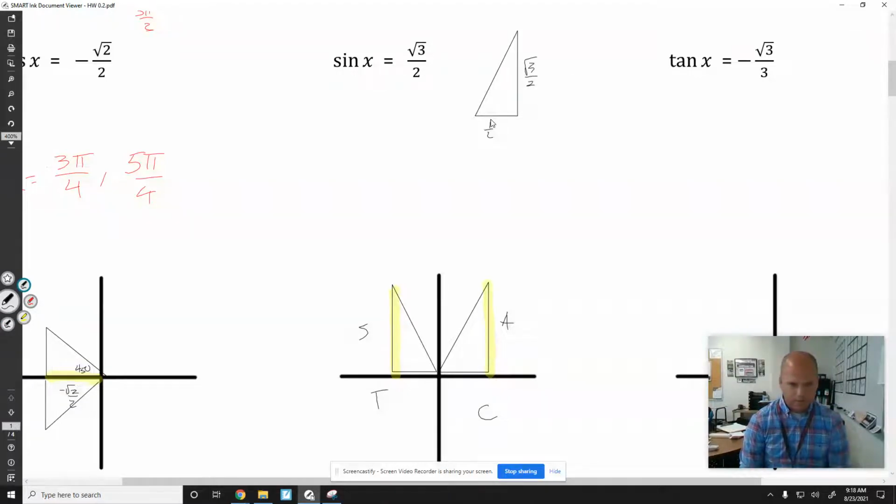Shorter side is 1/2. So these are at pi over 3s. The tall, because this is a 60-degree angle, opposite the longer side. So I need this pi over 3. This would be 1 pi over 3 away from 0. And then you can either add a pi over 3 to get 2 pi over 3, add 60 degrees, or start from 3 pi over 3 and subtract 60 degrees. 3 pi over 3 minus pi over 3 is 2 pi over 3.